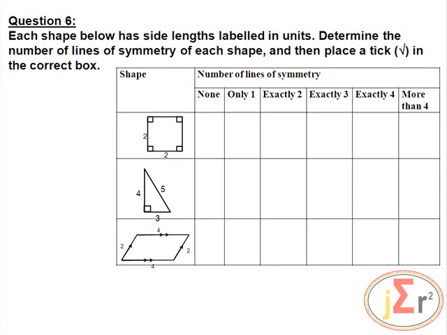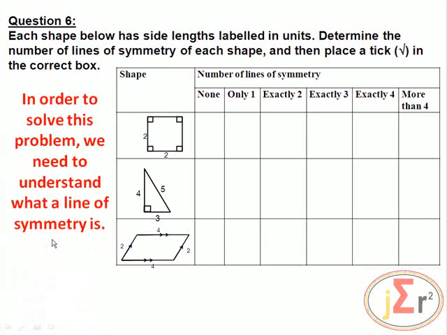But in order to determine the box that we will put a tick in, we will discuss line or axis of symmetry. We will take a look at what that means. In order to solve this problem, we need to understand what a line of symmetry is.